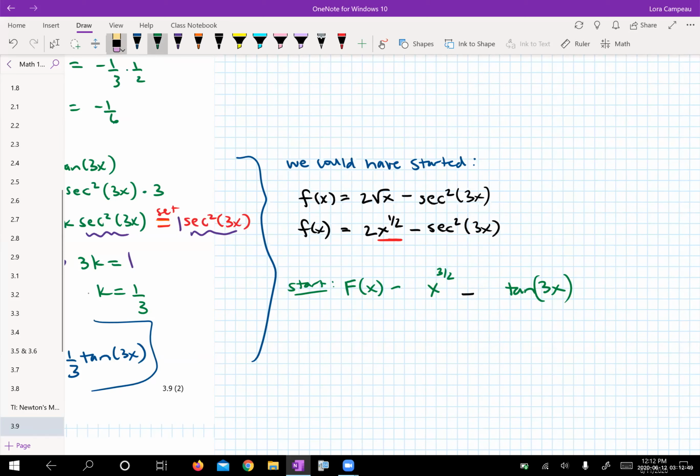And before I start erasing everything, I should be careful. So I'm going to call the first one k1. And I remember I had a 3/2, I think. x to the... oh wait, no, 2/3, excuse me.